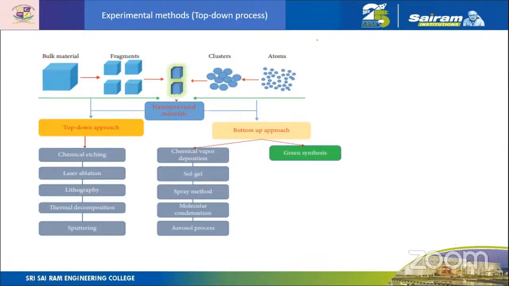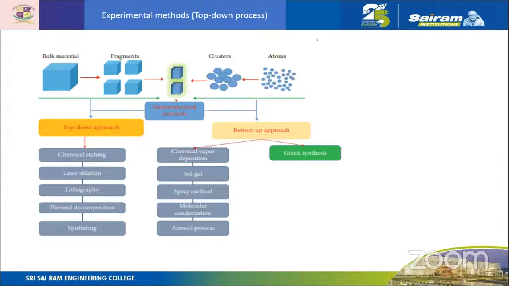This I think you are aware of in nanosynthesis. Top means bulk, and down we are converting into atomic size. And these are the very specific methods by which bulk materials can be broken down to atomic size.